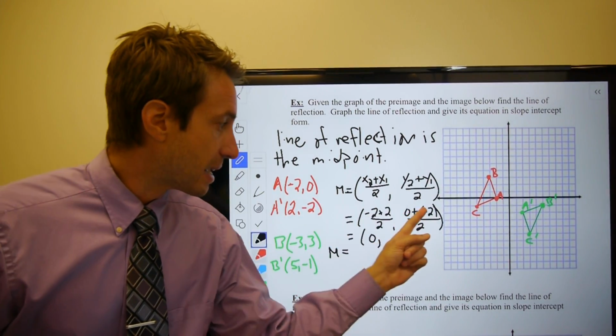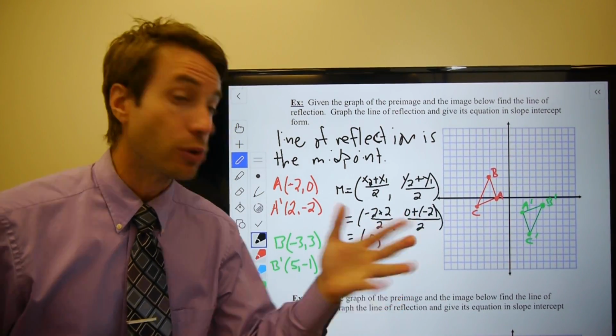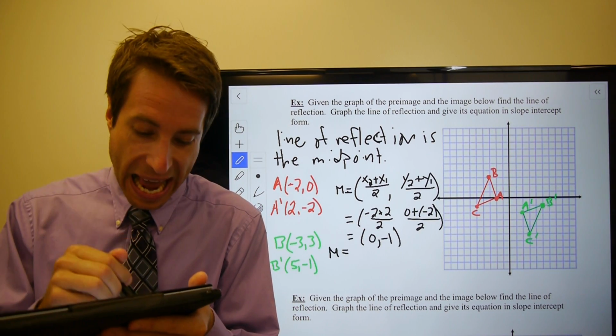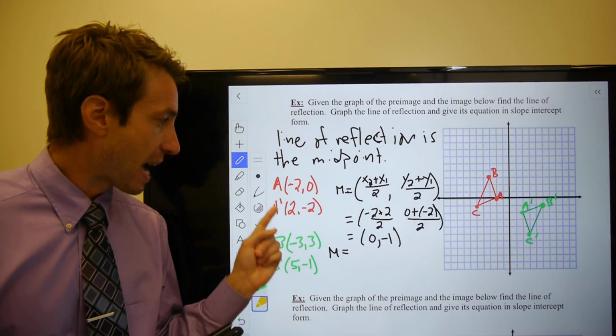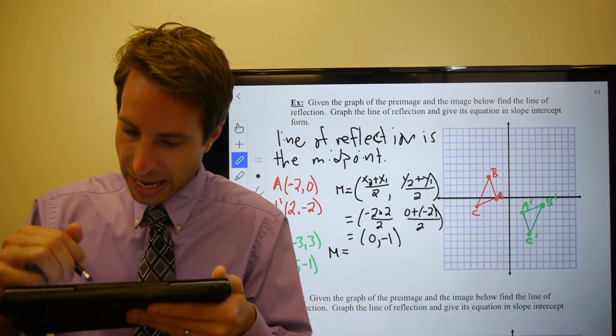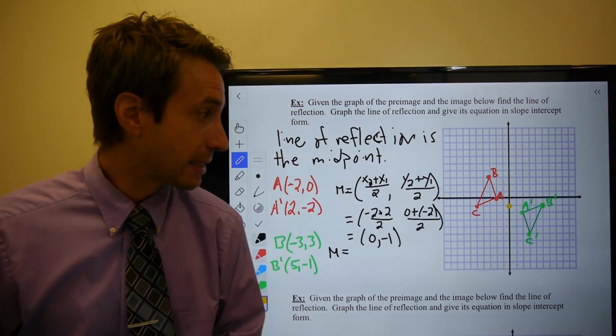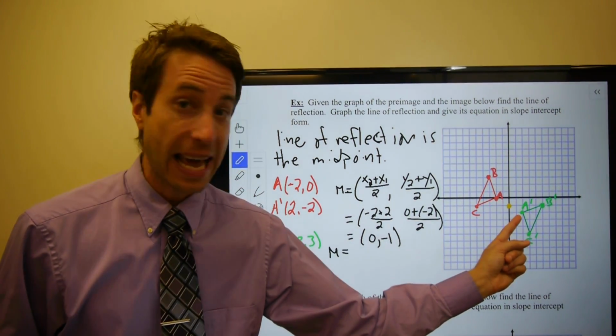And then it's going to be -2 divided by 2, which should be -1. So the midpoint for A and A prime is 0, -1. So that point right there. That's the midpoint for A and A prime.